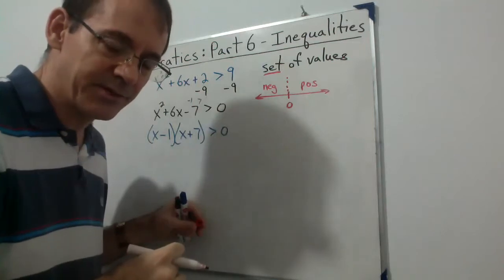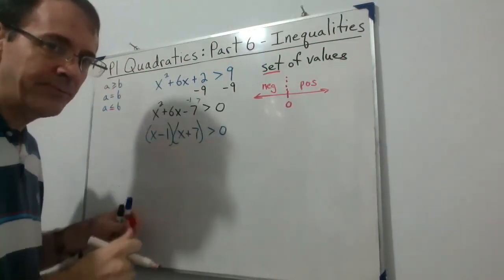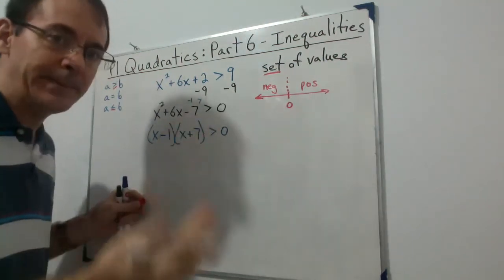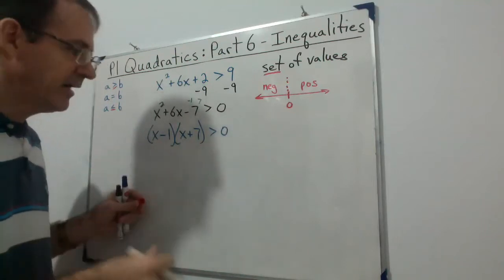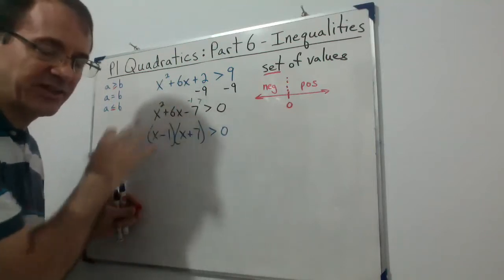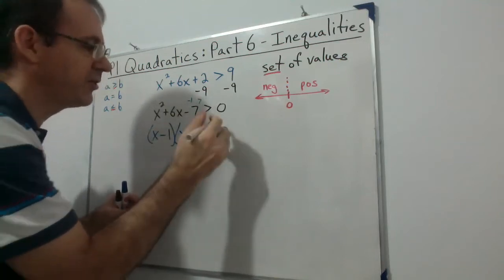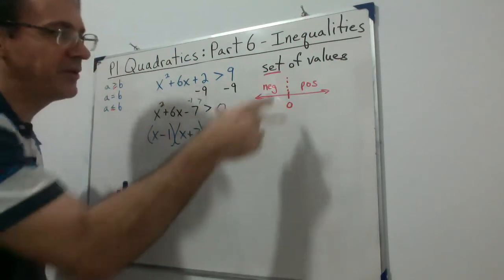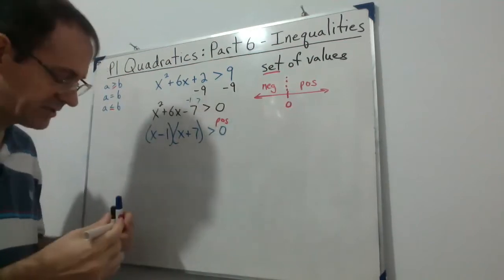When you're working with a quadratic inequality, what you want to ask yourself is, what does greater than 0 mean? It means that our solution set is what causes this expression to be positive, greater than 0. So we're looking for a positive outcome as opposed to a negative outcome within the solution set.